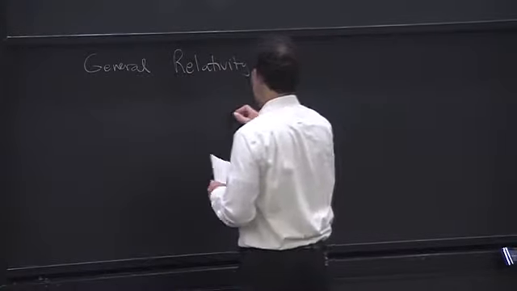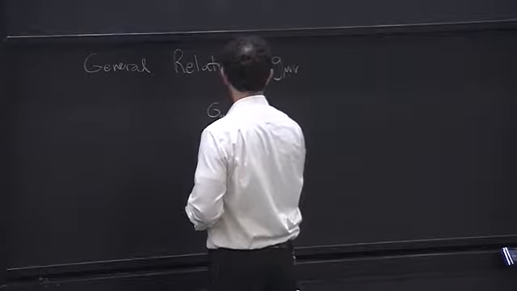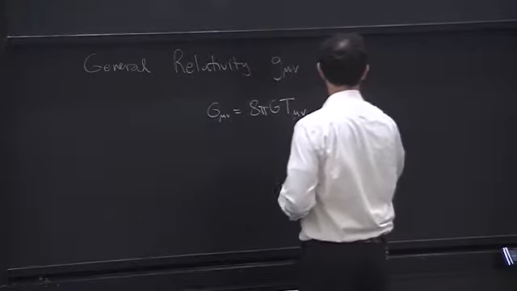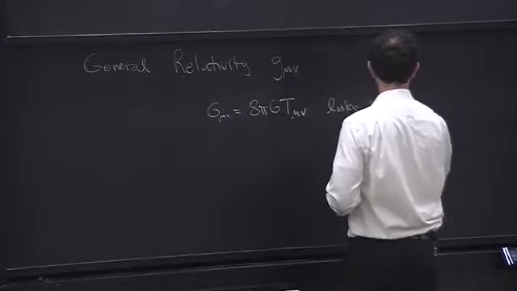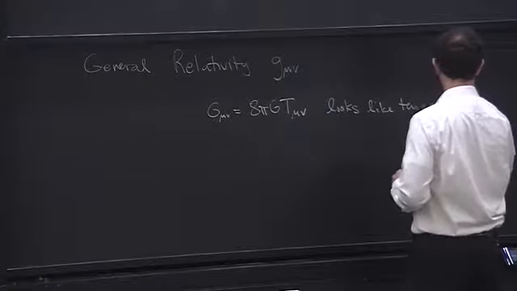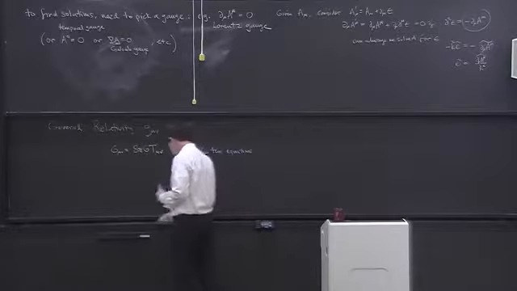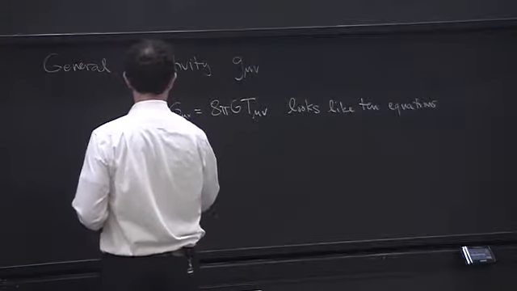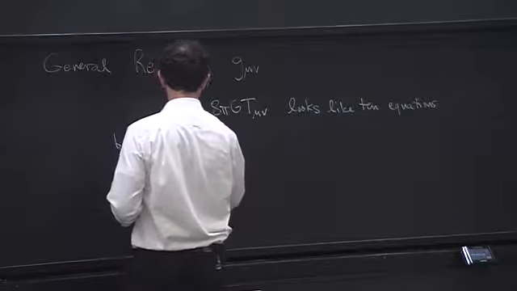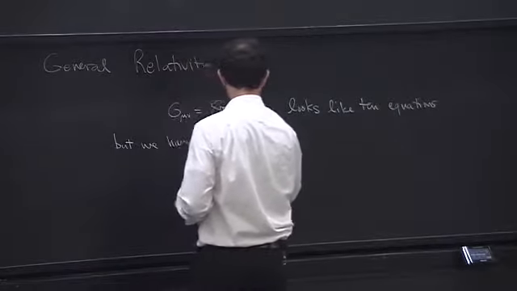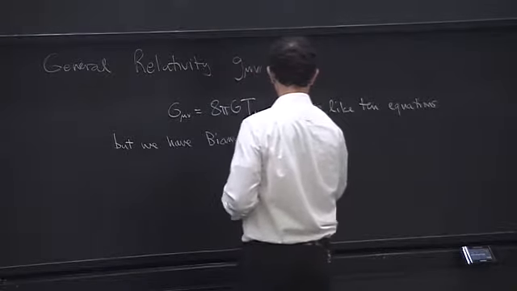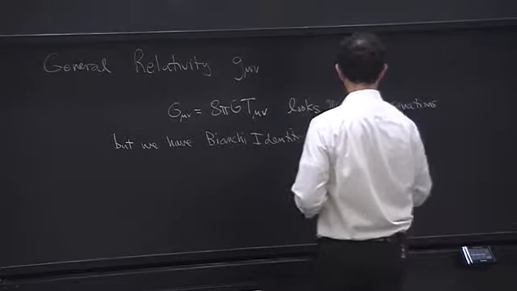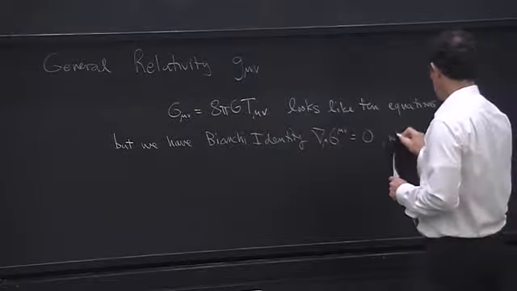So let's just write down the Einstein equations. G mu nu is 8 pi G T mu nu. This looks like 10 equations. But we have the Bianchi identity, D mu G mu nu equals 0, which any solution has to satisfy.